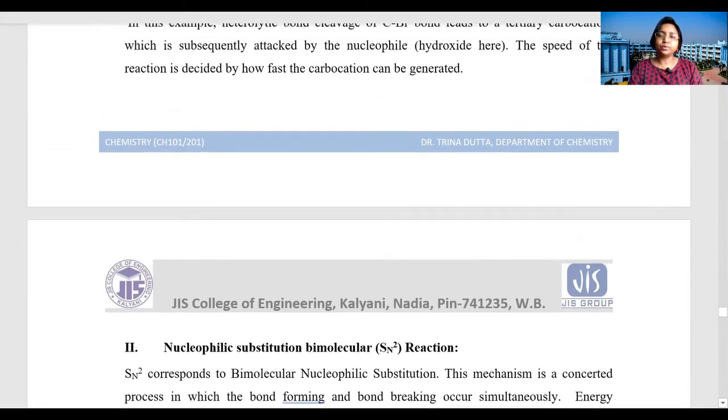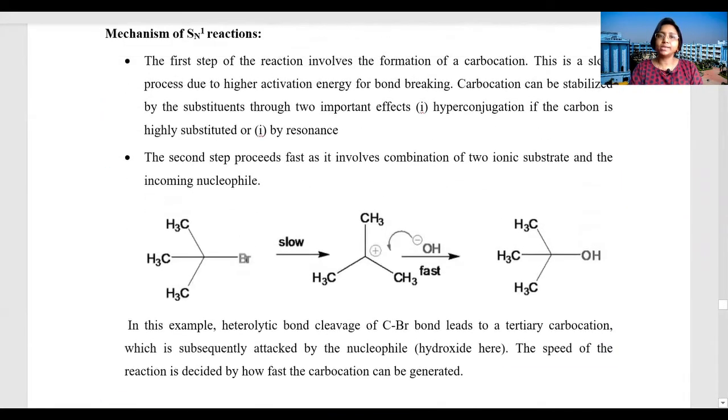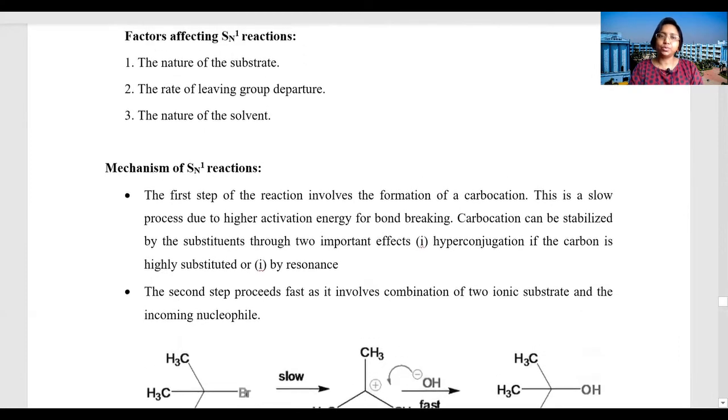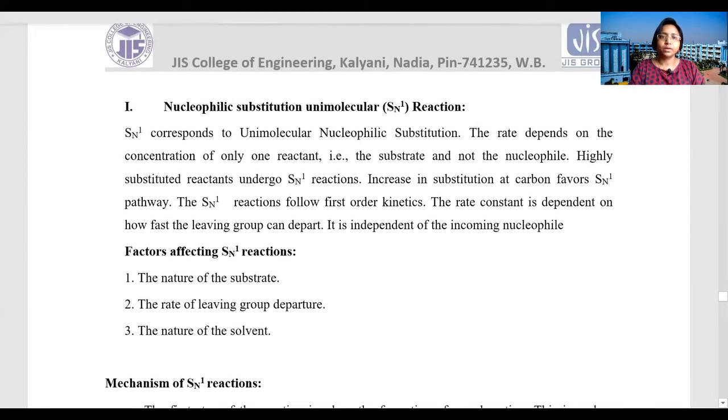So we have to learn the mechanism of SN1 and SN2 reactions. SN1 corresponds to unimolecular nucleophilic substitution. The rate depends on the concentration of only one reactant, the substrate, and not the nucleophile.